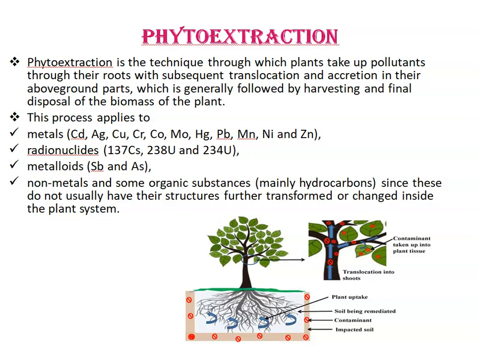Metal excluders are the plants that prohibit metals from penetrating aerial shoots or retain low and stable level of metal concentration across a wide variety of metal concentration levels in the soil.